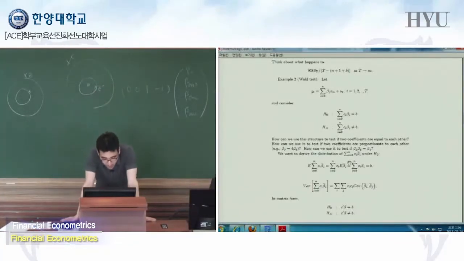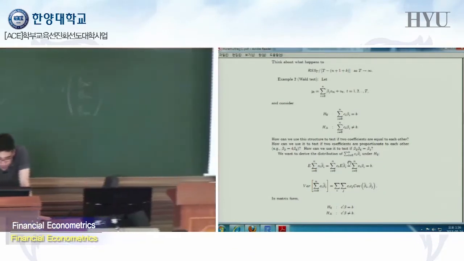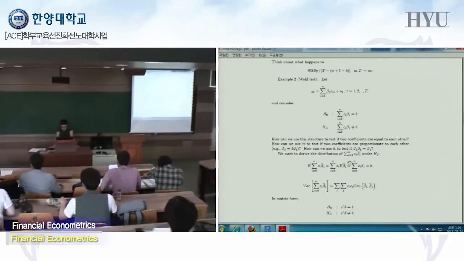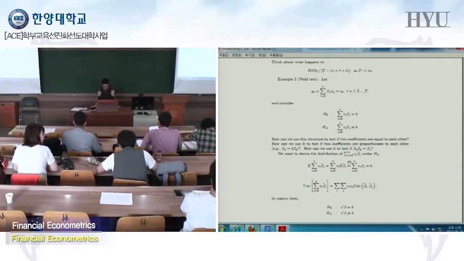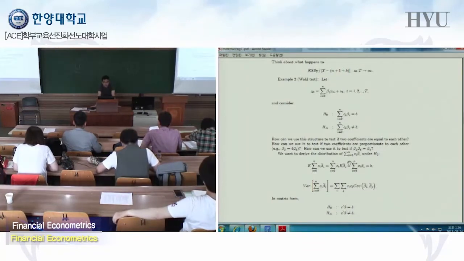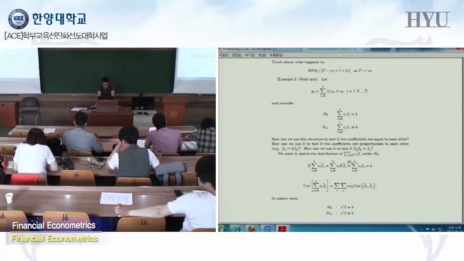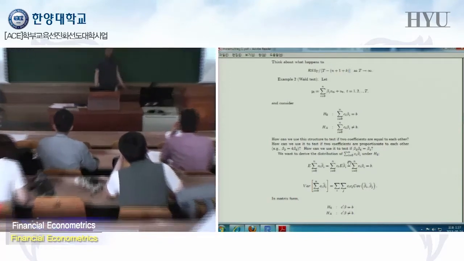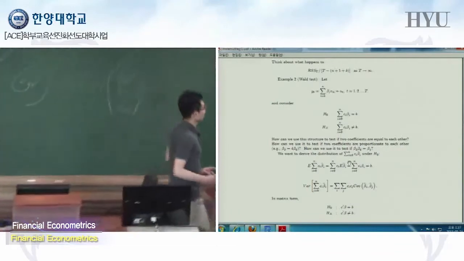If the null hypothesis is right, the expectation of the sum over i from 0 to n of c_i beta_i hat is the sum of c_i times E of beta_i hat, and because this linear regression is an unbiased estimator, the expectation of beta_i hat should be the same as beta_i.